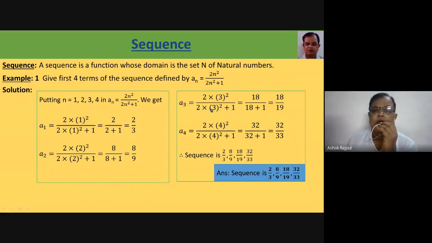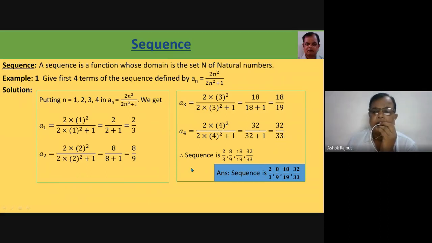Now a3 = 2 into 3 square by 2 into 3 square plus 1. It will be 18 by 18 plus 1, which is 19, so a3 equals 18 by 19. In the same way, a4 = 2 into 4 square by 2 into 4 square plus 1, which is 32 by 32 plus 1, so it will be 32 by 33.